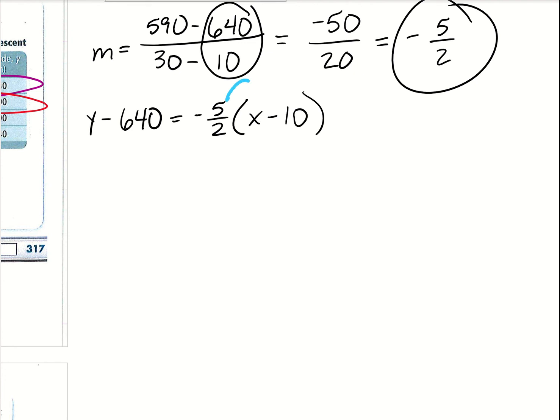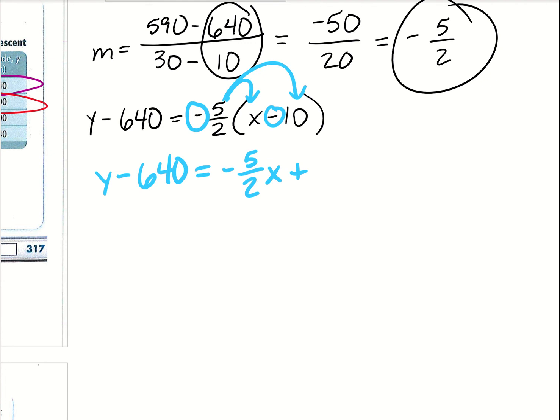The first thing you want to do is distribute. The left side will stay the same, and on the right side, we're going to have negative 5 halves times x, and then it'll be plus, because we have 2 negatives, a negative here and a negative here. We're going to do plus 5 halves times 10. That's going to give you 50 over 2, which is the same thing as 25.